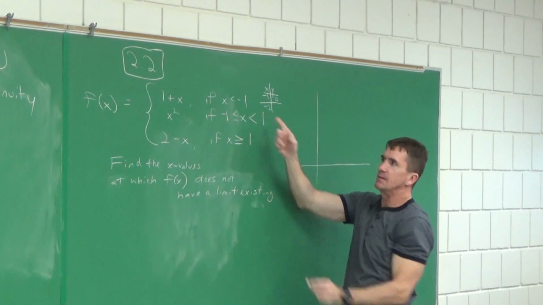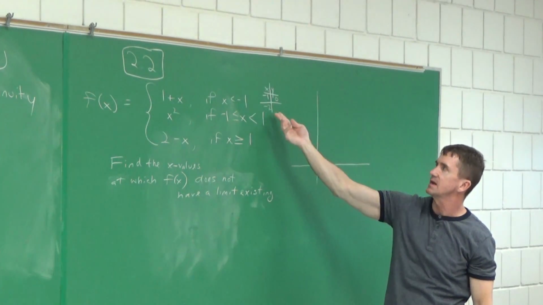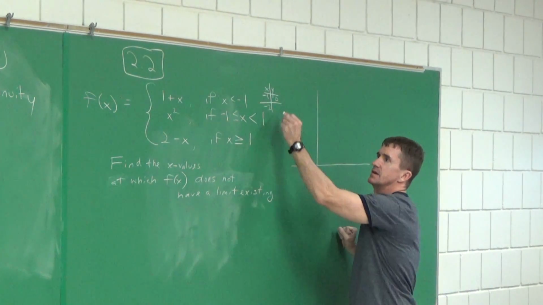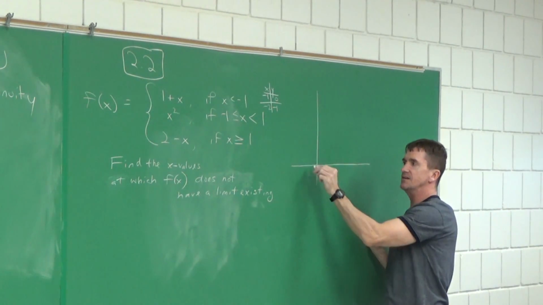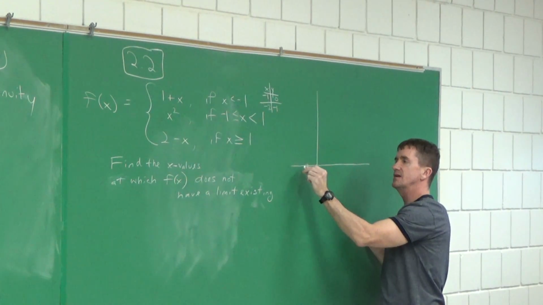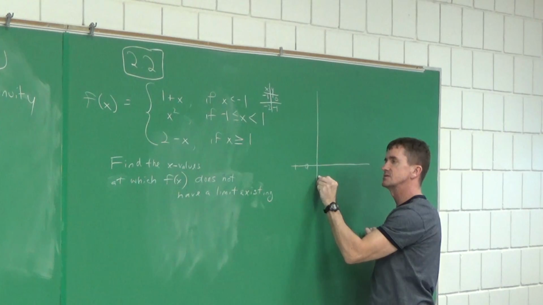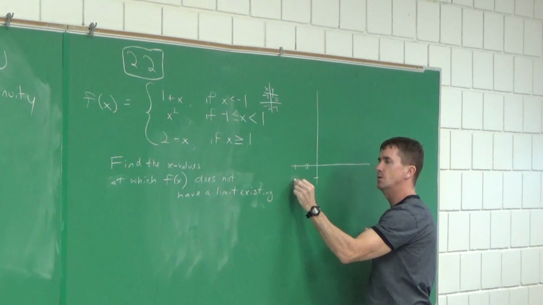I'm just going to sketch that little line right there. I'll use -2. 1 plus -2 is what? Yep, -1. So let's sketch that. At -1, it was 0. At -2, it was -1, right there.